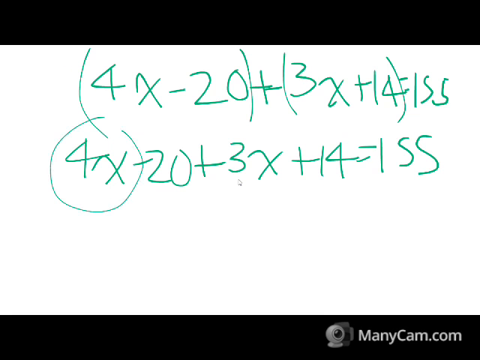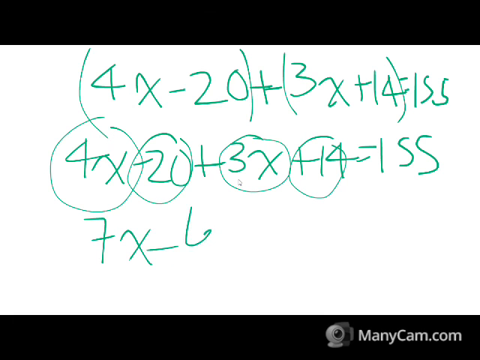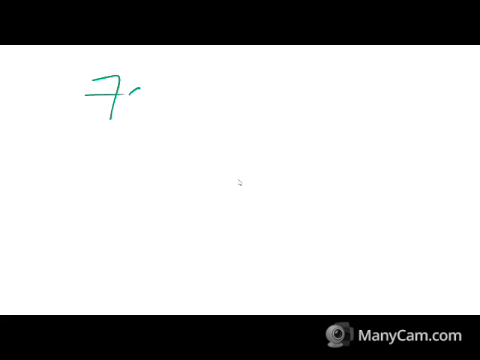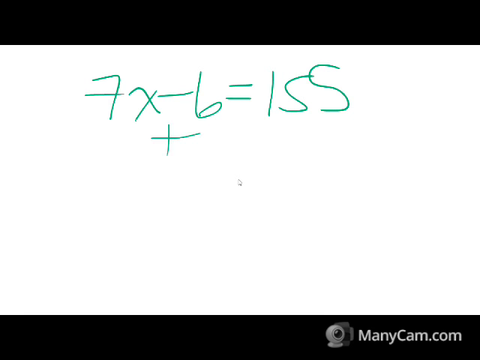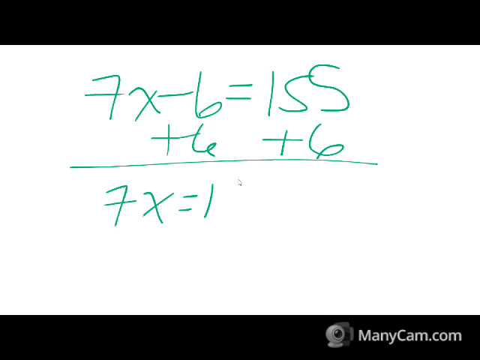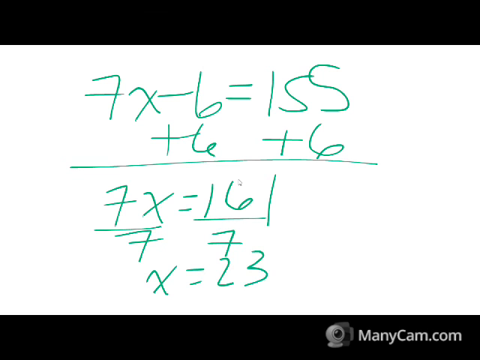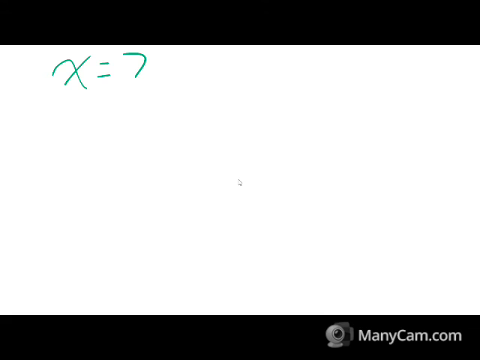Let's combine our like terms. We have 7x, negative 20 plus 14 is negative 6, equals 155. Now we're left with 7x minus 6 equals 155. Add 6 to both sides, so we're left with 7x equals 161. Divide each side by 7. We get x equals 23.